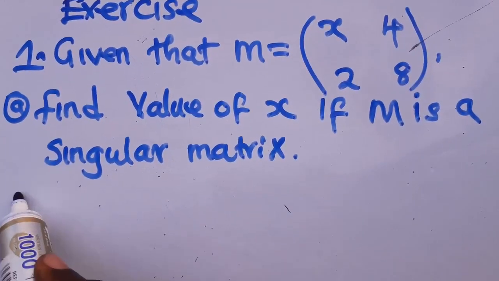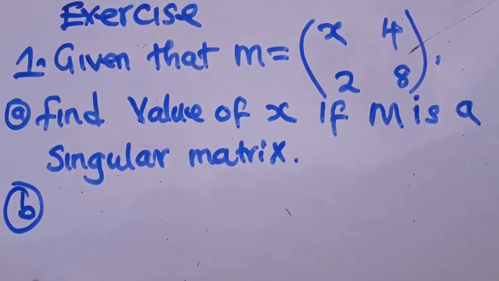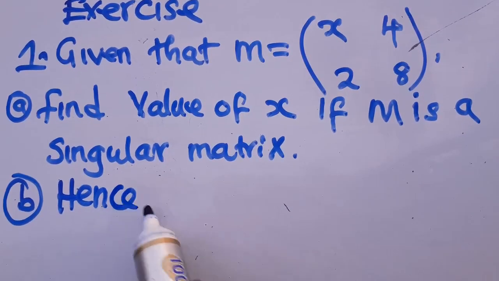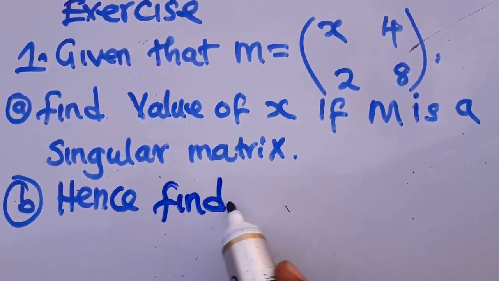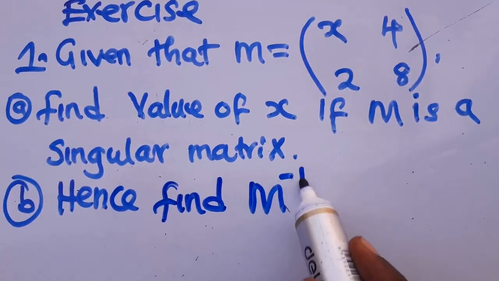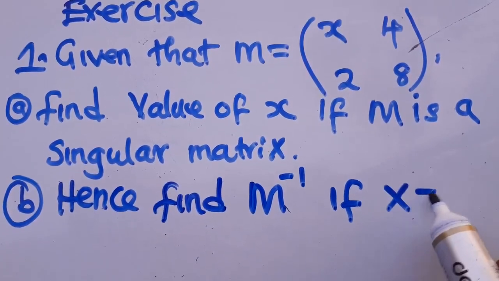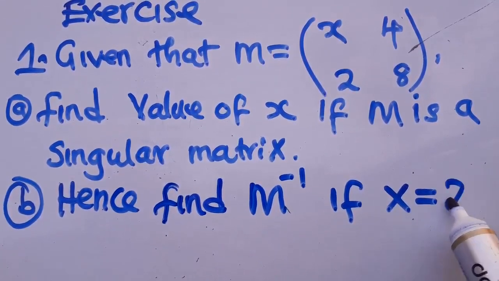The other question, which is question B, says: hence find M inverse if x is equal to 2.